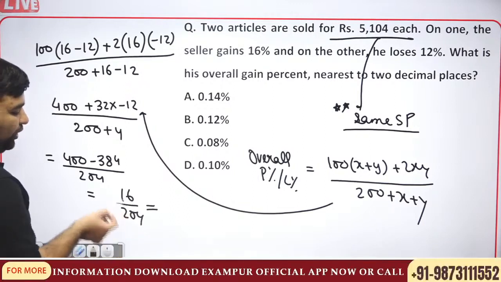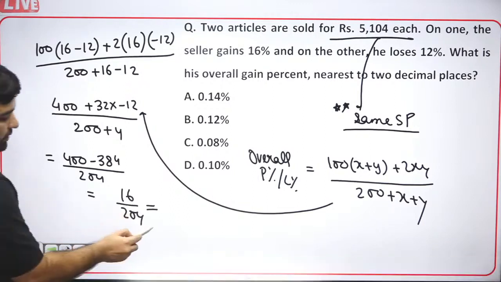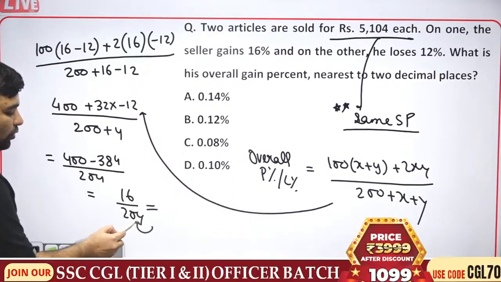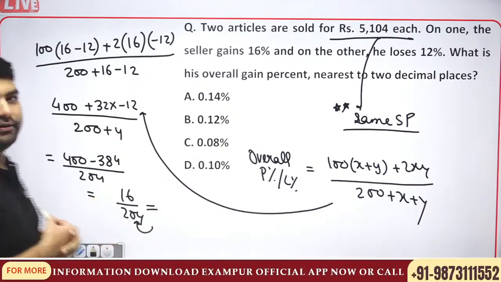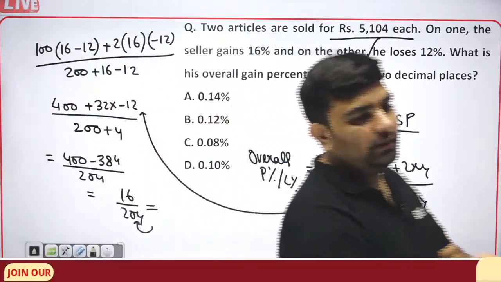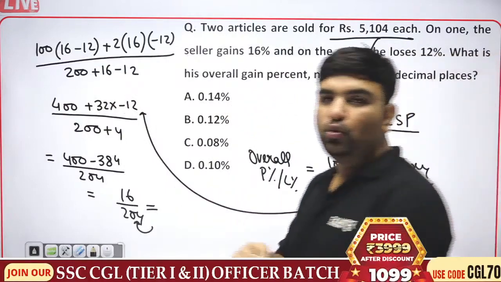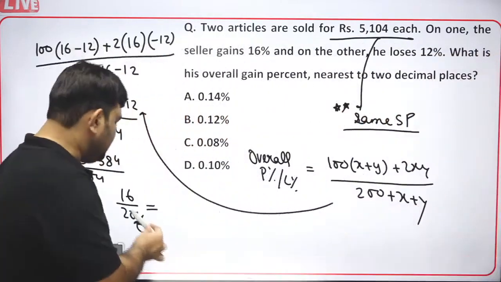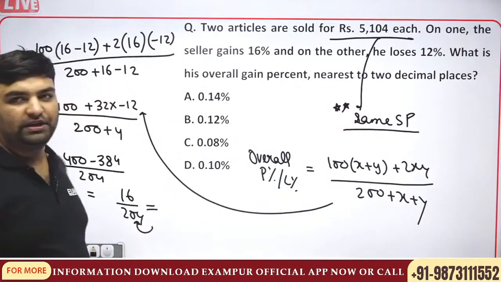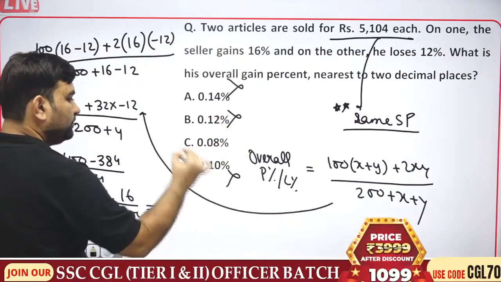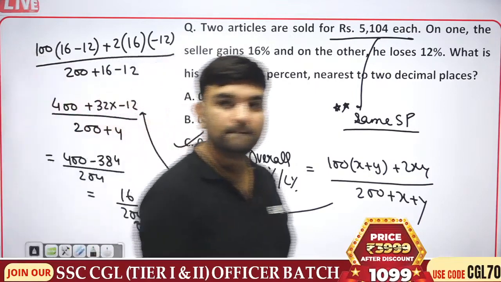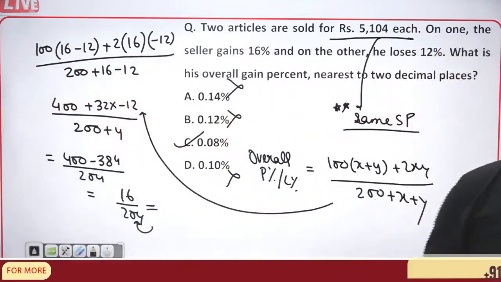It is less than 0.1% as well, because if you go one decimal back, the numerator is still less than the denominator, so less than 0.1%.